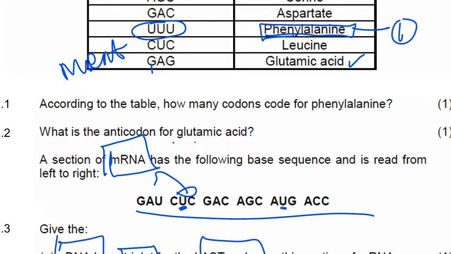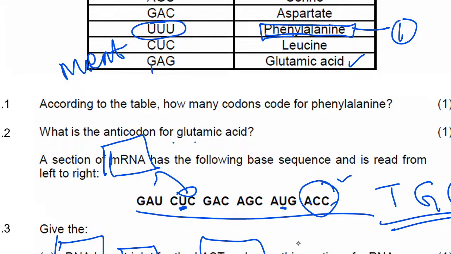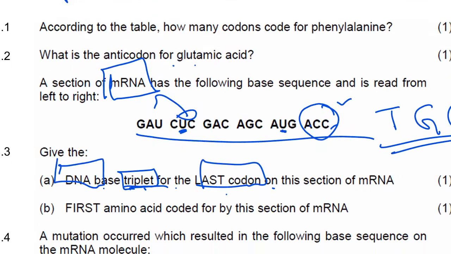DNA base triplet means that I have to convert this into DNA. So A goes with the T, C goes with the G, and another C goes with the G. So the answer is going to be T, G, G. Is it clear?